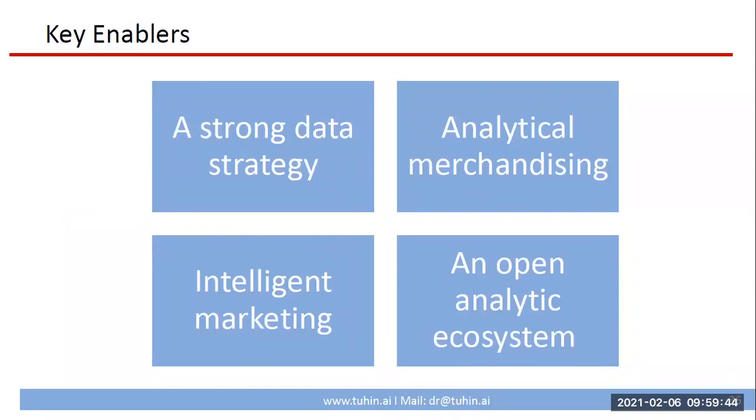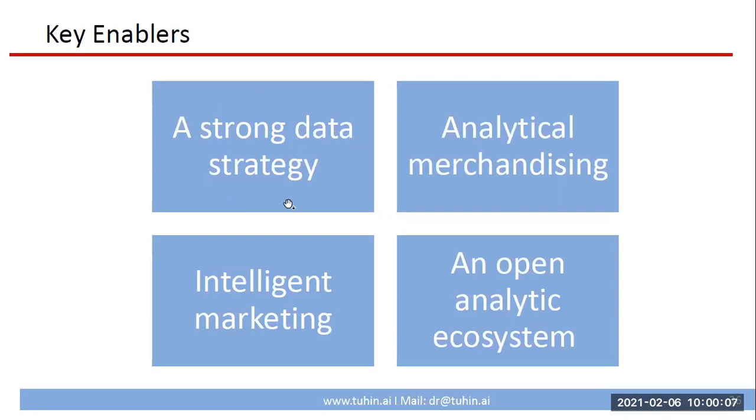Last but not the least is the last slide, the last minute, which is about the key enablers. I always emphasize that, whether you are a vendor or a client, irrespective of whether you give the business or maintain the data of a retail store, you should have a strong data strategy.